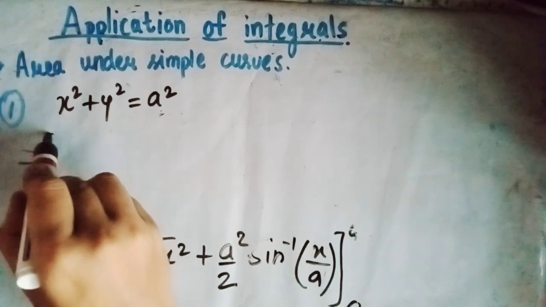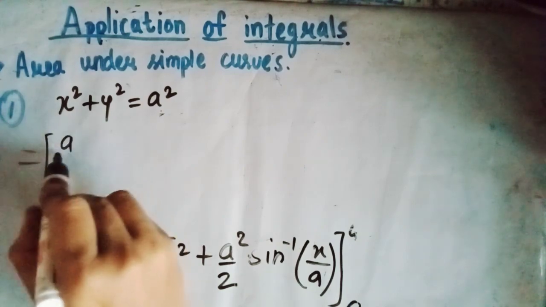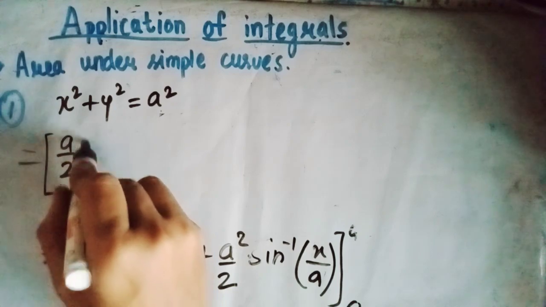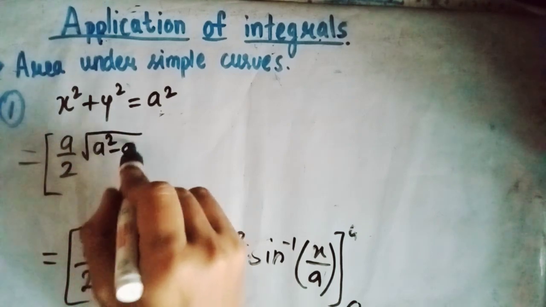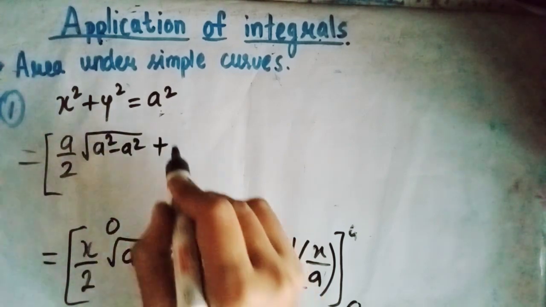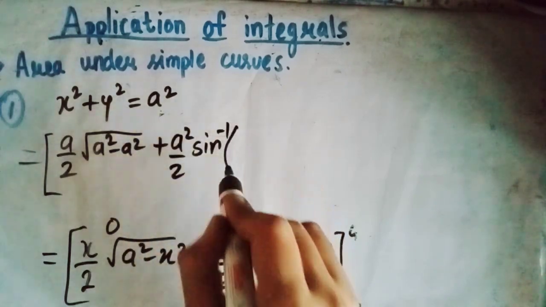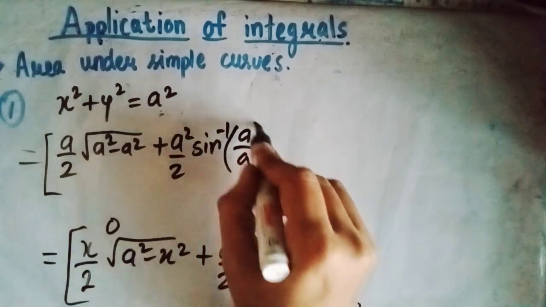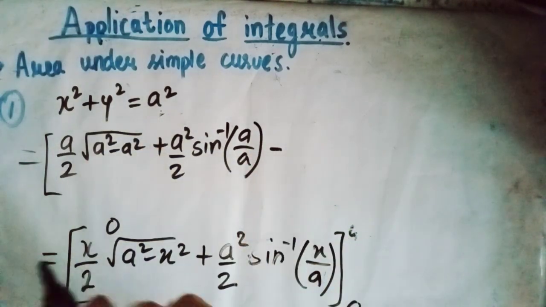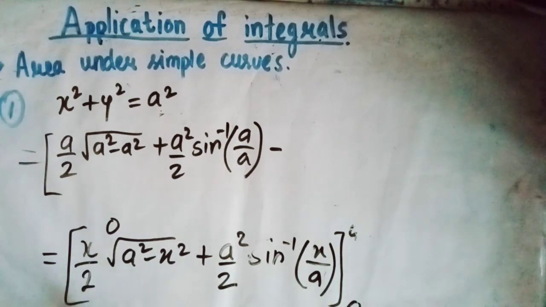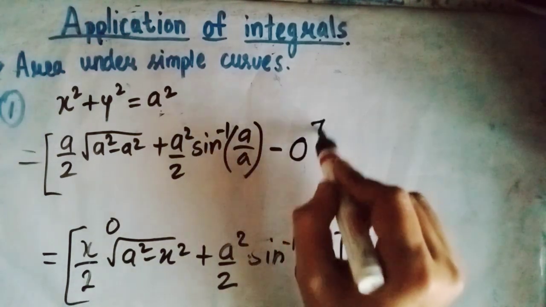I'm putting first a in place of x: a by 2 root of a square minus a square plus a square by 2 sine inverse of a by a, minus the whole thing with 0. The first term will be 0 because 0 into this, and then it is sine inverse of 0 by a, so that term is also 0.